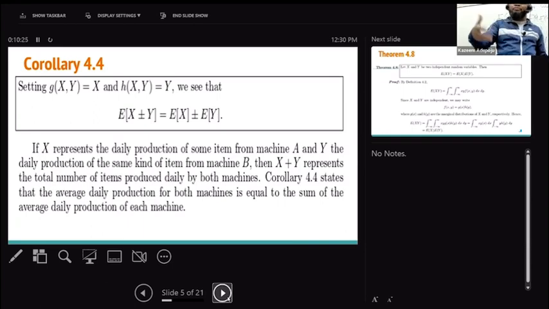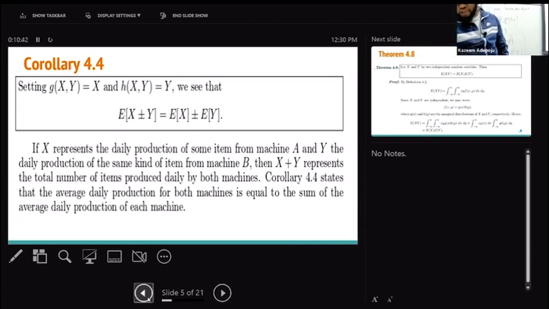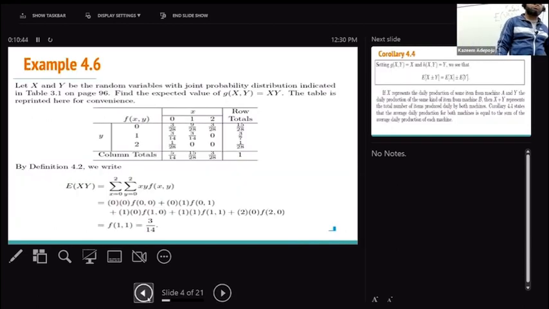Now, if you want to know the application of what we're talking about, why do we need to add? In a real life practical situation, when do we add two variables? When do we subtract two variables? When do we multiply two variables? I'm going to tell you this. In multiplying two variables, we are in a way investigating the relationship between the two variables.